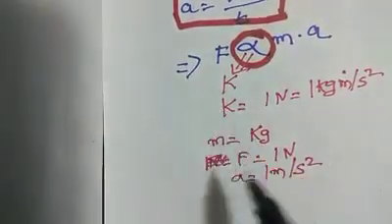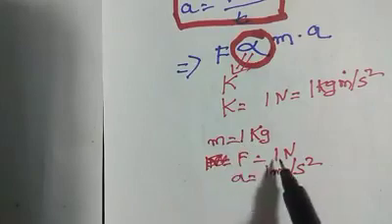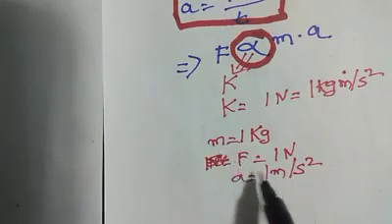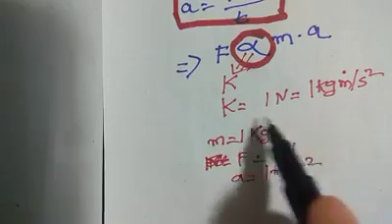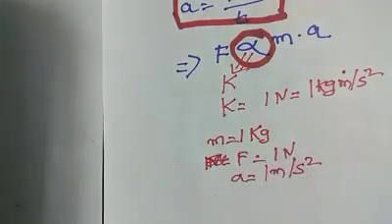So for this k, we substitute m as 1 kg, force as just 1 Newton, and a as 1 meter per second square. This is the mass, this is the force, this is the acceleration. Once we substitute this in terms of k, it will be all 1.